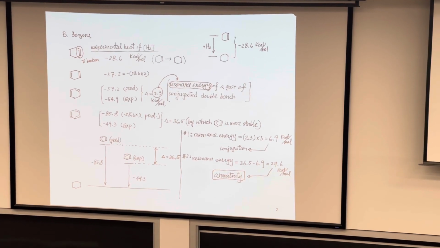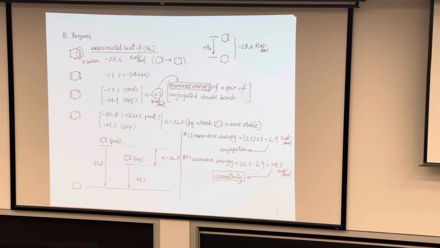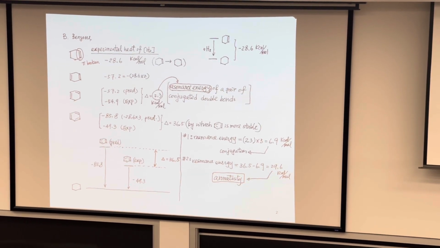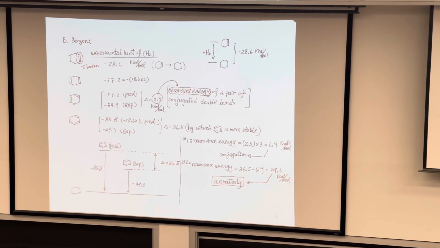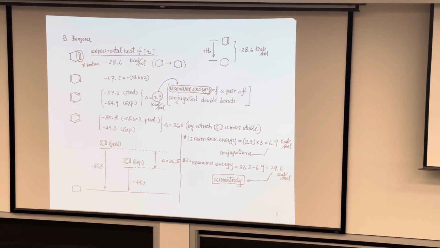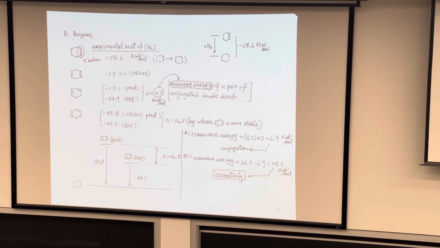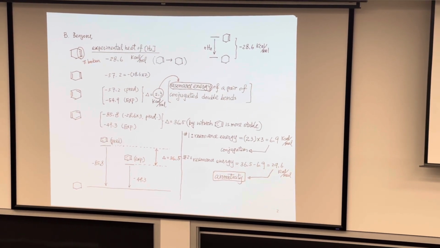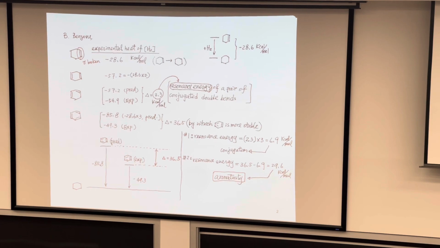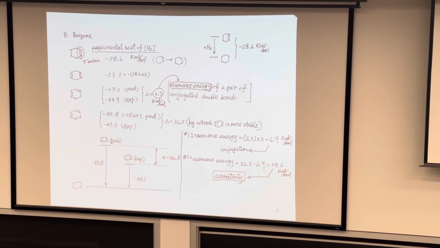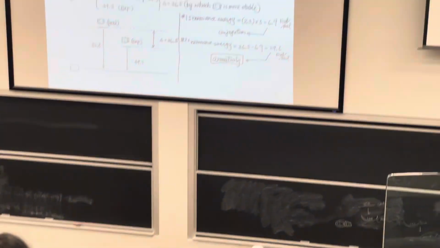The actual only released 54.9, but what we expected is 57.2. That would be the amount of energy released, but the molecule only released 54.9. It's more stable than what we expected.